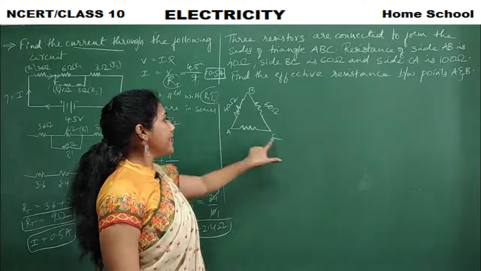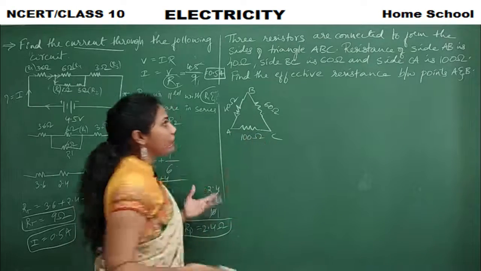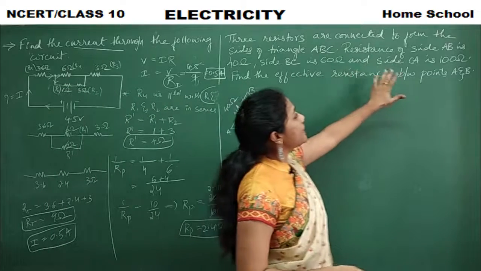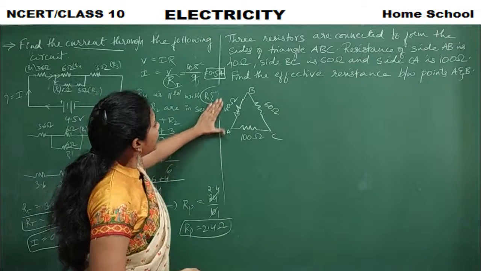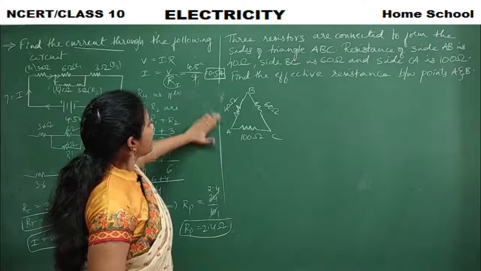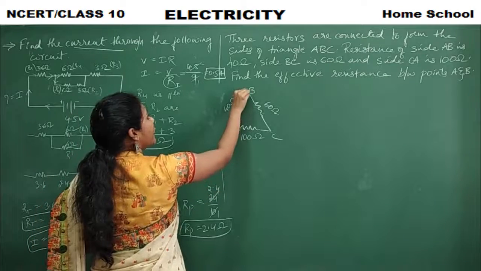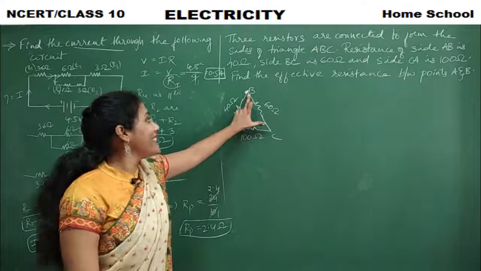And side CA or AC is 100 ohms. Find the effective resistance between the points AB. You should find the effective resistance between the points AB.